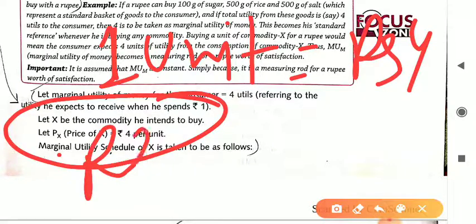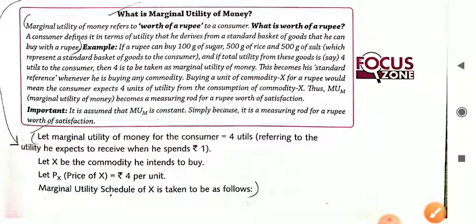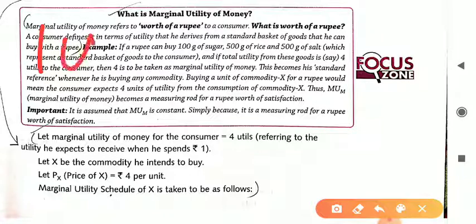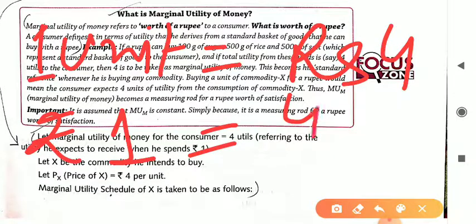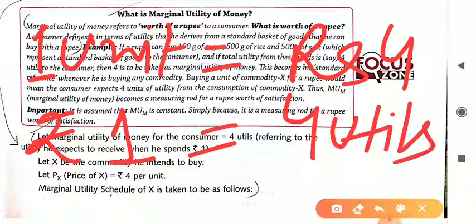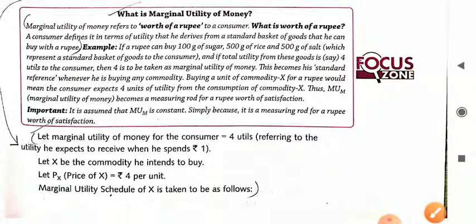And by spending rupees 1, you will get 4 utils of utility. Is it clear?